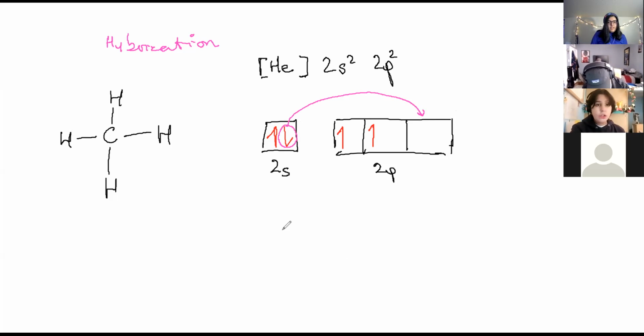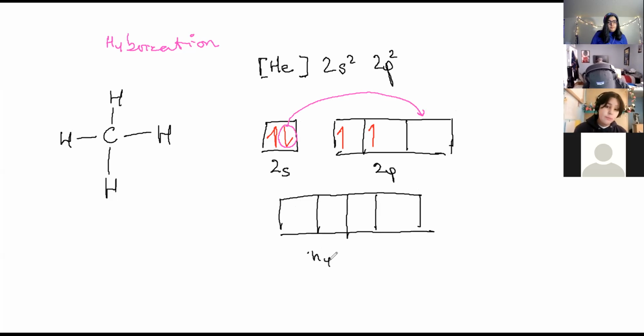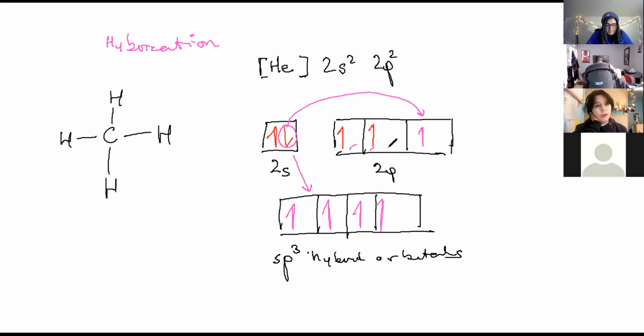So what happens is that this creates something called hybrid orbitals, and most specifically, these are sp3 hybrid orbitals, which take the s orbital, so 1, and the 3 p orbitals, with the s electron that was promoted to the p orbitals.